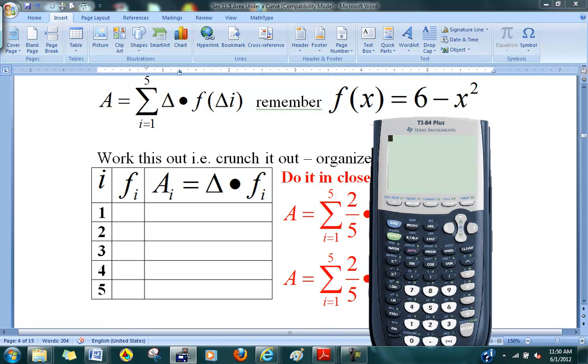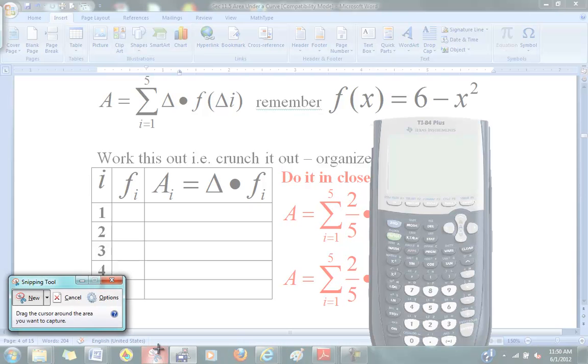Okay, so the first thing you're going to do, actually what I should really have there is, I really need to put another column in here. I'm just going to do it by hand.